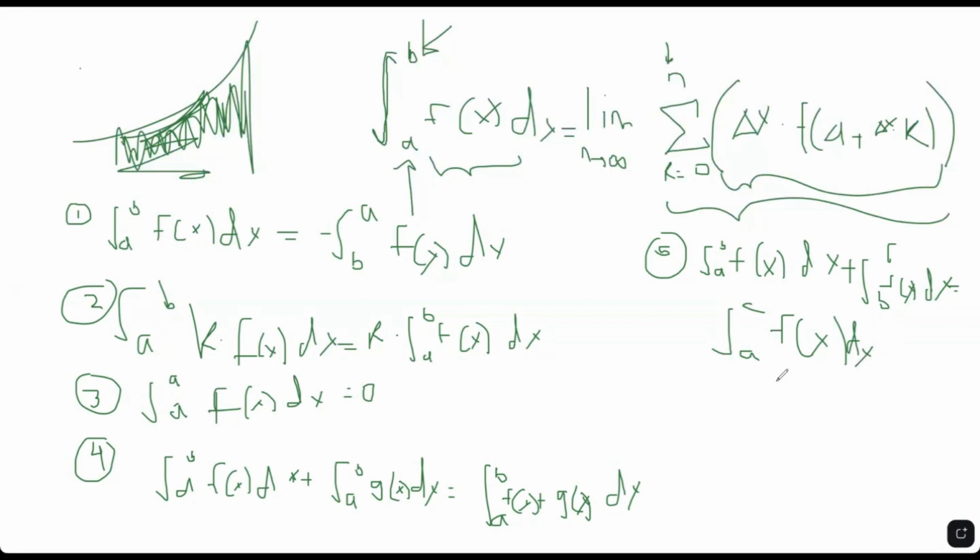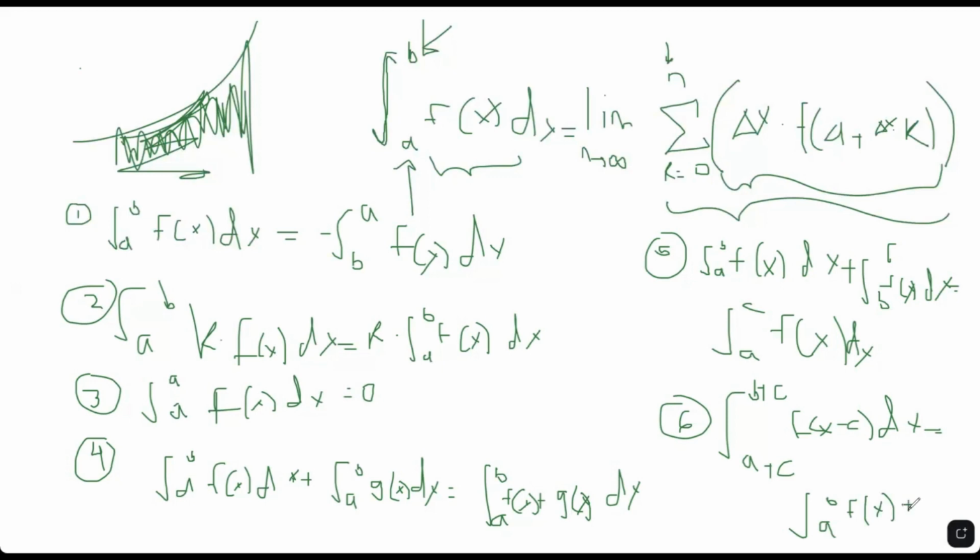add the intervals together. And last but not least, the probably most confusing one, if you have a plus c and b plus c as the bounds, and you have f of x minus c dx, this is basically equal to the integral of a to b of f of x dx.